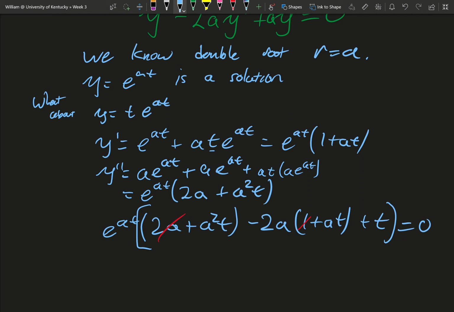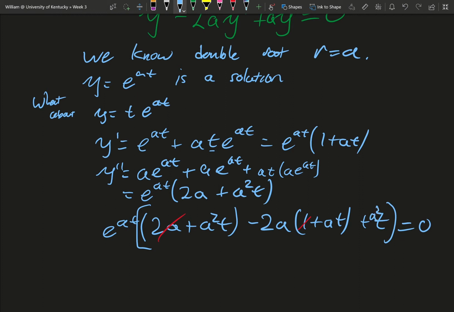Wait, I think I made a mistake here. Oh, this should be an a squared t.